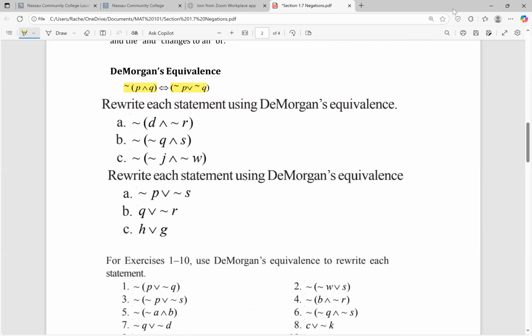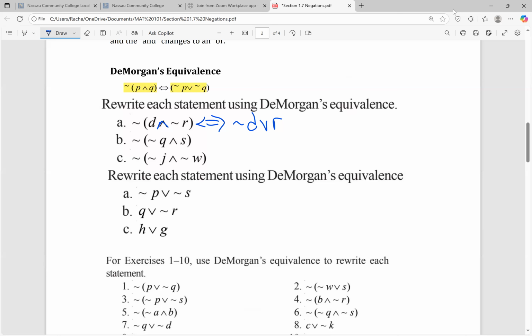So let's practice using De Morgan's equivalence now, but for a conjunction. So look at A. In A, we're negating this conjunction, D and not R. So I think about it as distributing the negation. So this is going to be not D, and becomes or, and then we have a not R, which is going to be R, the double negation.